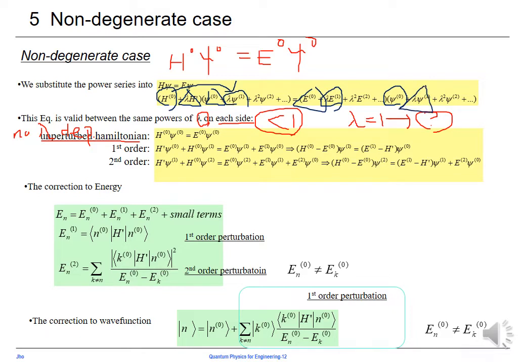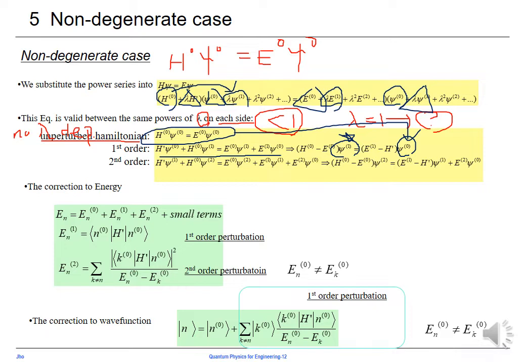Then you compare both sides, and you have this one. You can arrange those in terms of the zeroth order and first order wave function. So if we know the zeroth order wave function, then you plug it into here, then you calculate this one. So if zeroth order is determined, first order is determined.